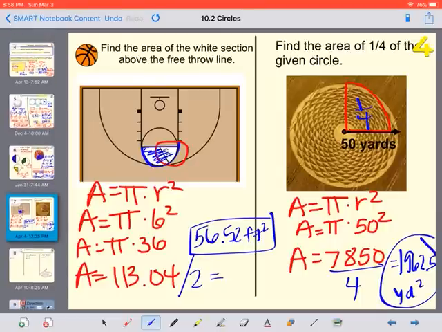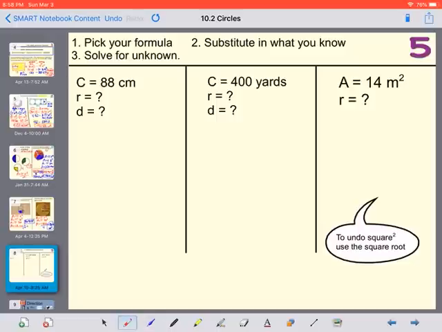All right, our last set of questions is really undoing our area and circumference formulas. So they're giving us the circumference or the area and want us to find the unknown piece. So choose your formula, substitute in what you know, and then solve for the unknown.